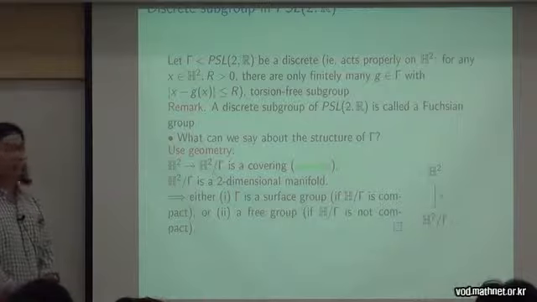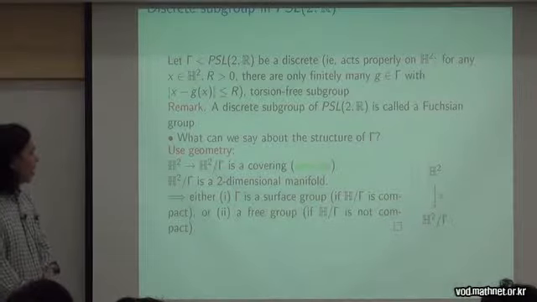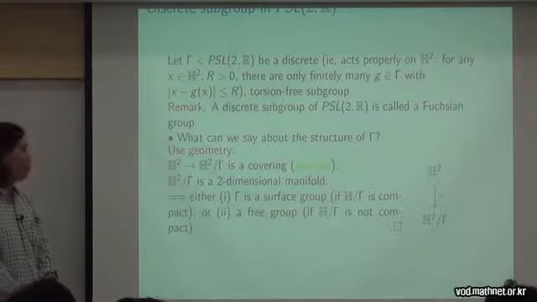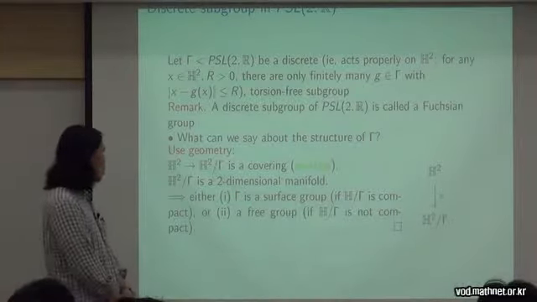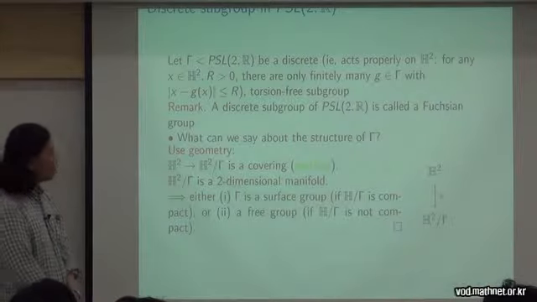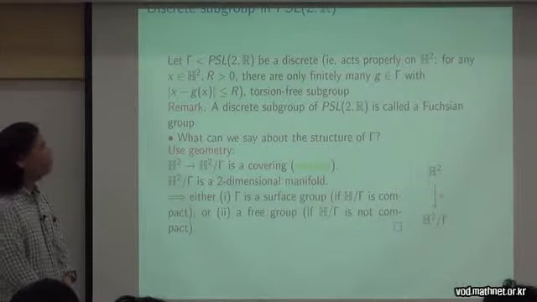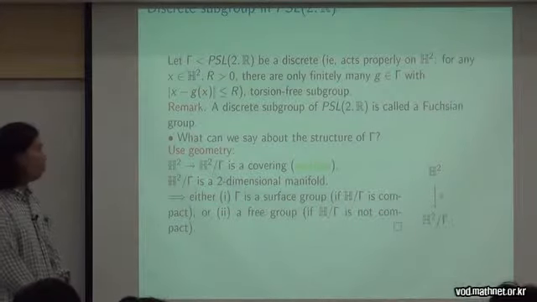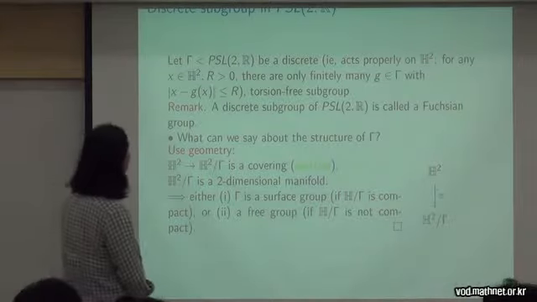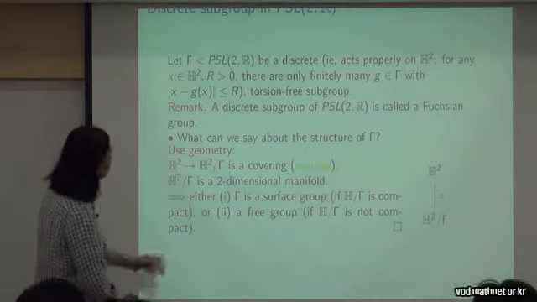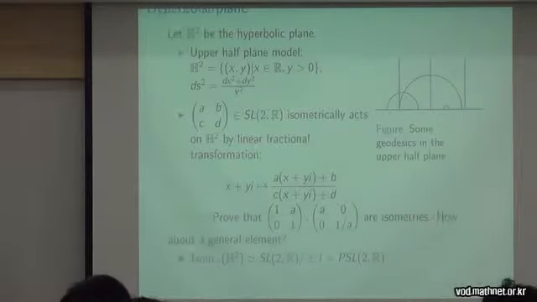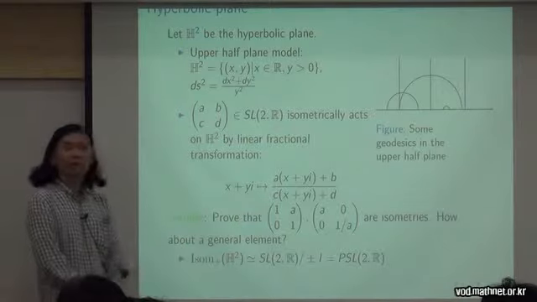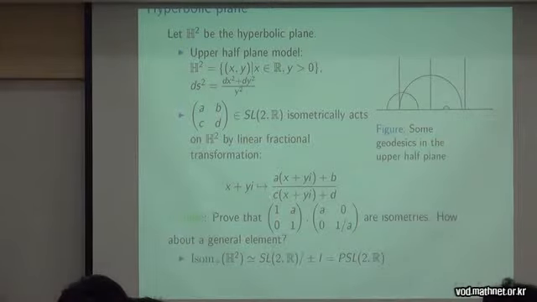Therefore, since the hyperbolic plane is a two-dimensional manifold, the quotient space is also a manifold and two-dimensional. But now there are two cases. Suppose the quotient is compact. Then you have a compact two-dimensional manifold, no boundary. Also, I didn't say it exactly, but this element in SL2R preserves the orientation of the hyperbolic plane.